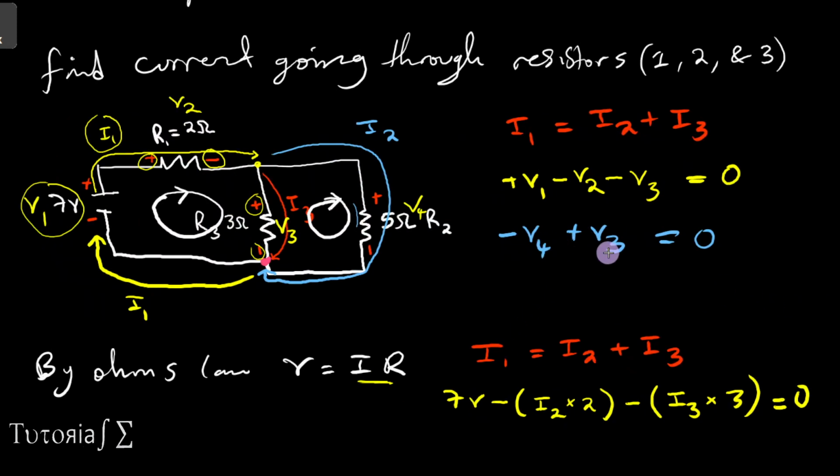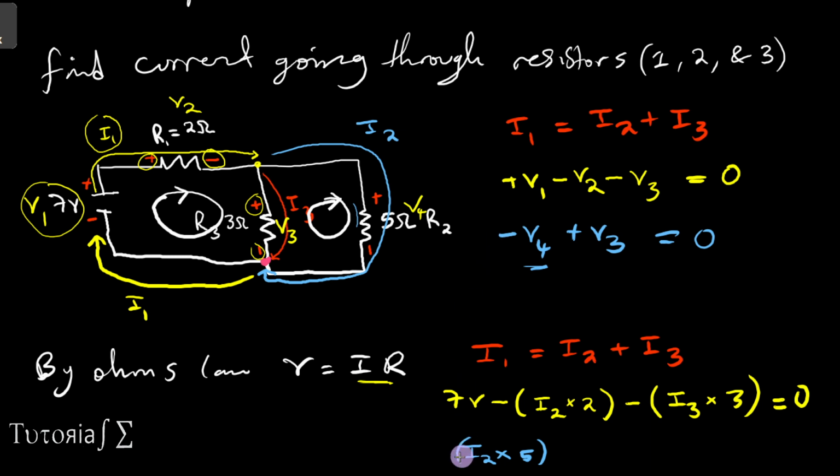Then now we come to the last one here. On voltage 4, what is there? Voltage 4 is this one here. So the current going through voltage 4 is current 2 times the resistance there, that is 5.